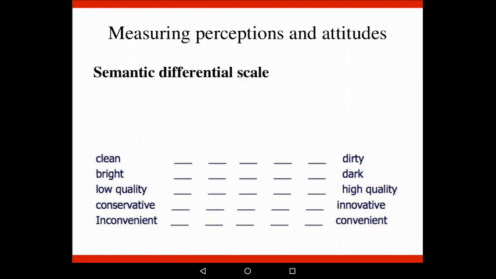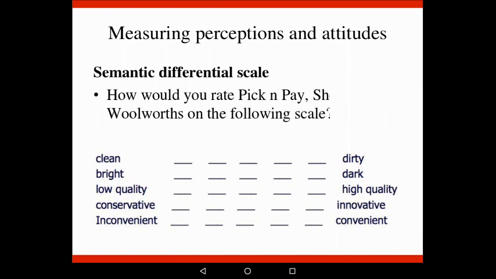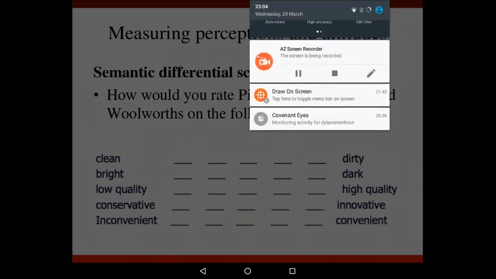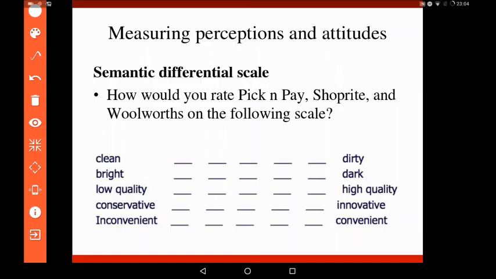And here's another good example. This is a semantic differential scale. Now in this one, the way this works is that you put two opposing concepts on each side, and you say, how would you rate Pick n Pay, ShopRite and Woolworths on the following scale?